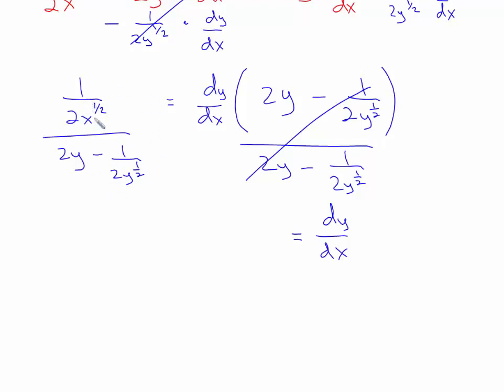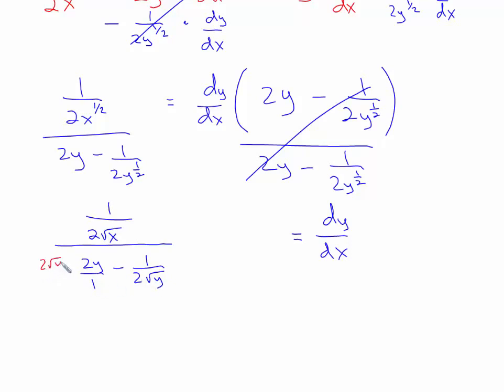So this I'll change to radical form. This is 1 over 2 square root x. Okay, and then in the denominator right here, I have 2y minus 1 over 2 square root y. So we need to get common denominator here, so I need to multiply over here by common denominator, which is going to be 2 square root y.